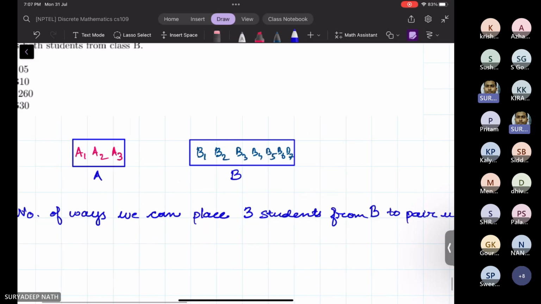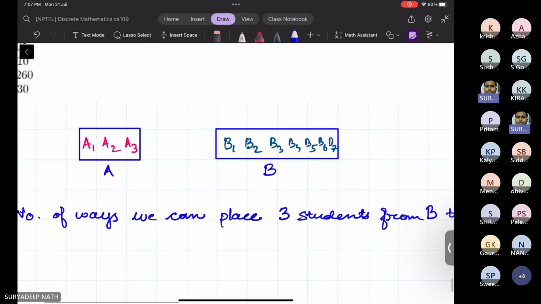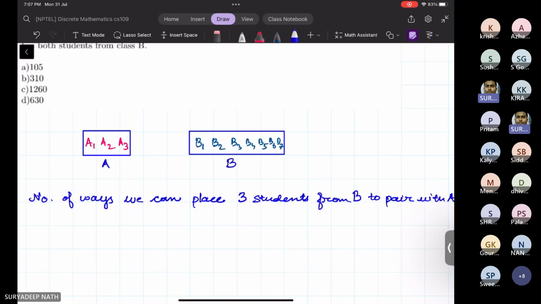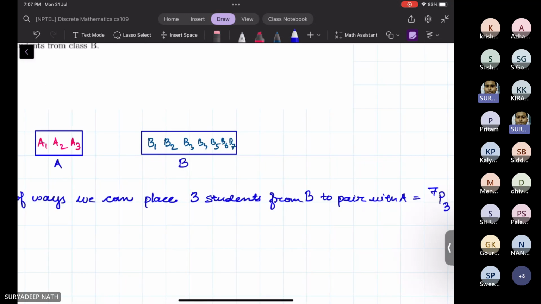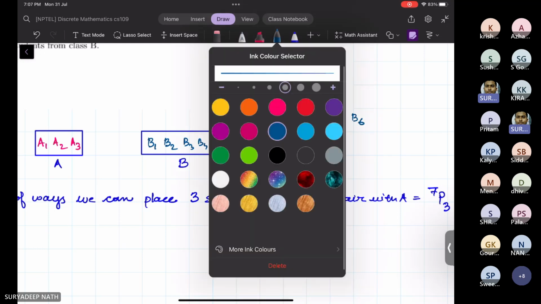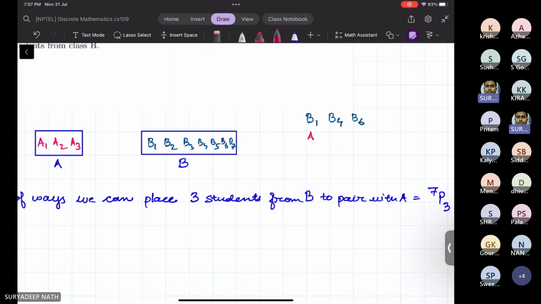Here the order is also fixed. What we do is fix the order of the students in A: A1, A2, A3, and now we pick sequences like this. A sequence may be, let's say, B1, B4, and B6, and we pair them with A1, A2, A3.